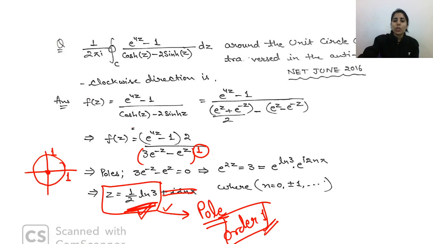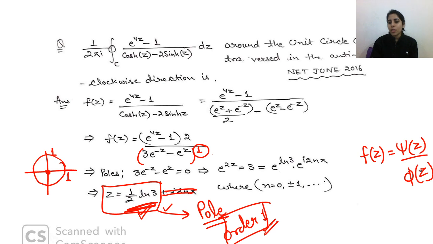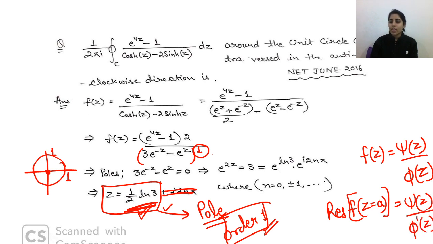As I told you in the previous session, which was about contour integration, whenever an exponential is involved in our question, we prefer to use the formula to find the residue, which is: if the function is like this, then the residue of the function at z equals a pole will be equal to psi(z) upon phi dash(z) at z equals a.